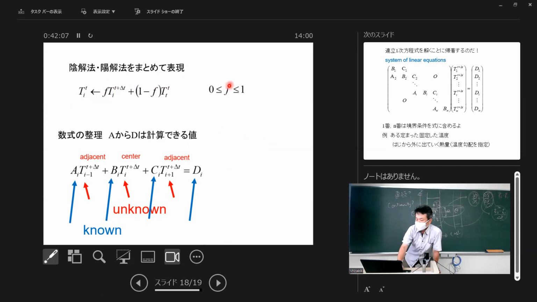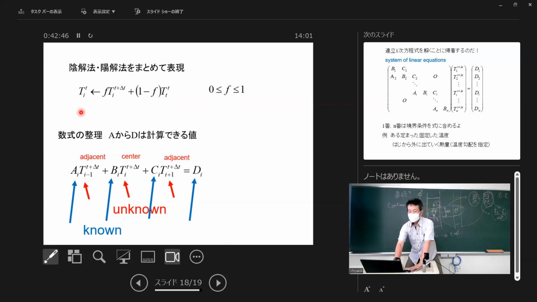So we use some value parameter f, for example, and if f is 0.5, then we use the present situation, substituting present situation to the future, half of future and half of present. If f is 0.5, then this is 0.5 and this is 0.5, meaning half future and half present. So that is some kind of the implicit method.